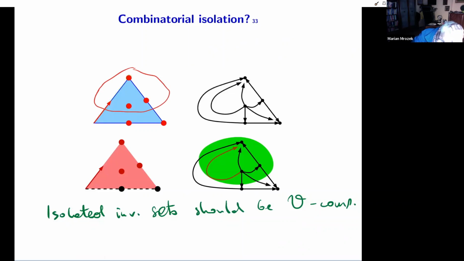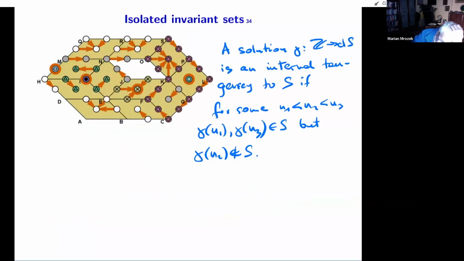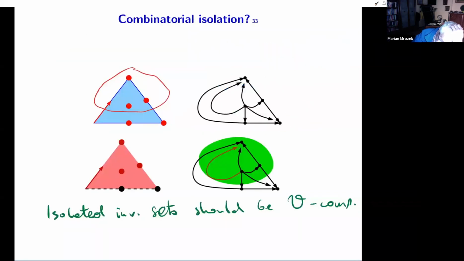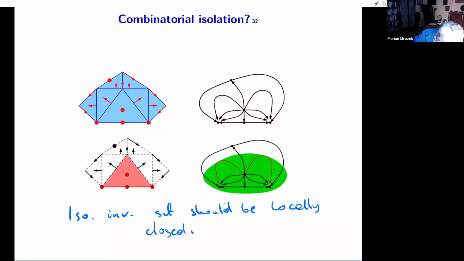So this is a full solution which starts in my candidate for isolated invariant set, stays all the time in the closure and ends up again in the invariant set, but goes through something which is not in the invariant set. So this is not isolated directly from this condition. And you can actually find the same here, that there is such a solution in this example.